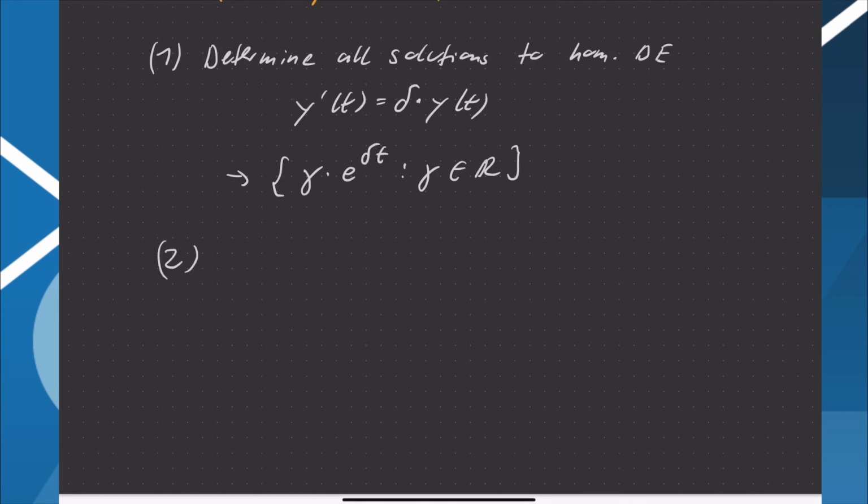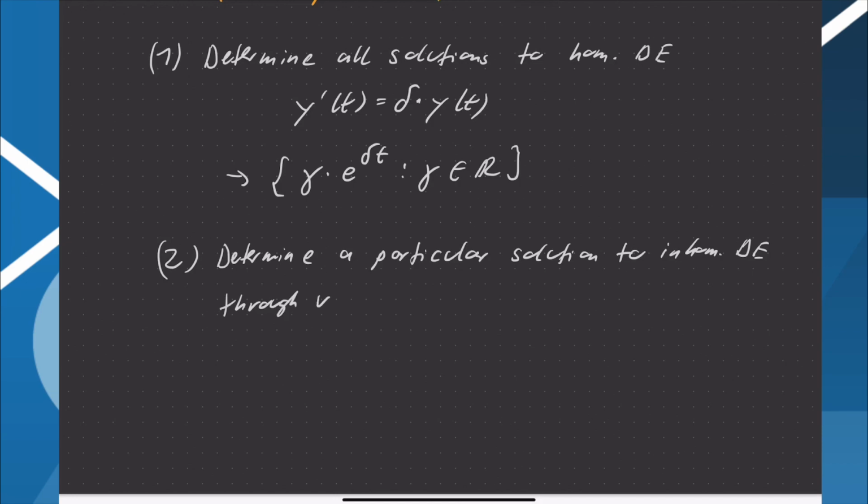Then, as a second step, we determine one particular solution of the inhomogeneous system through variation of constant. Determine a particular solution to the inhomogeneous differential equation through variation of constant.